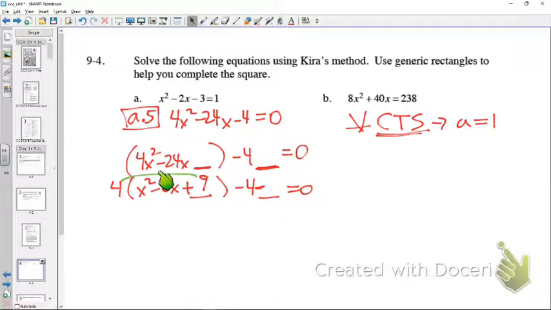But let me put it another way. We created a 36 in this problem by putting a 9 in here, right? Because the original numbers were 24 and 4. We shrunk them down to 1 and negative 6. But once you multiply them back in, they still have a value of 4, still have a value of negative 24, which means this is now really a value of 36. So we have to zero pair a positive 36, which is negative 36.